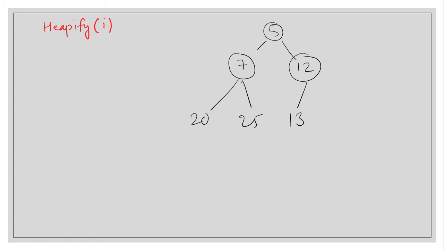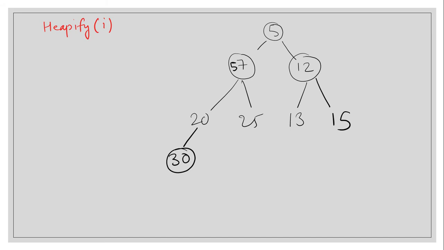So this is a min heap. All the nodes are valid. But now let's say instead of 7 here we have 57. And we have, let's say, a few more nodes, 15, and here we have 30.